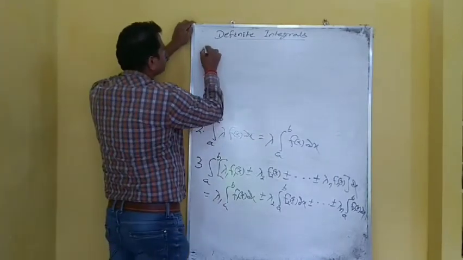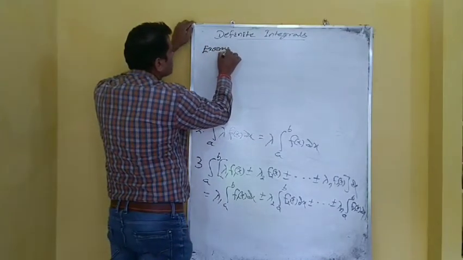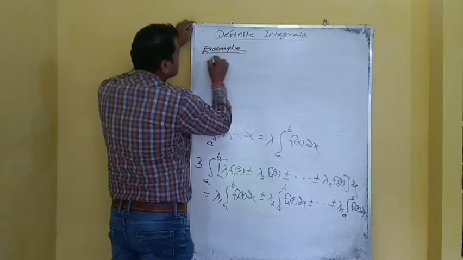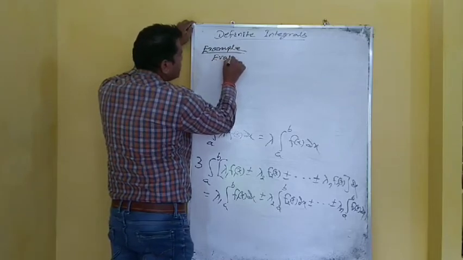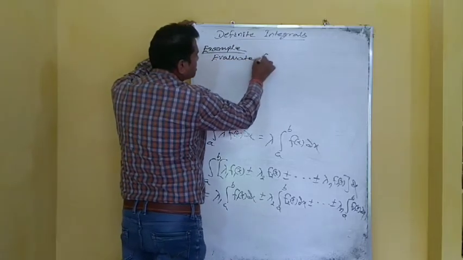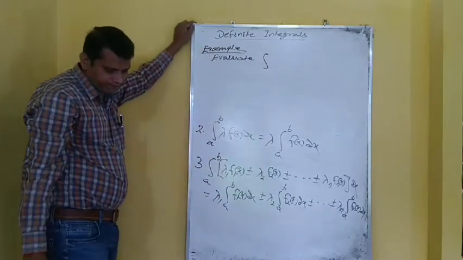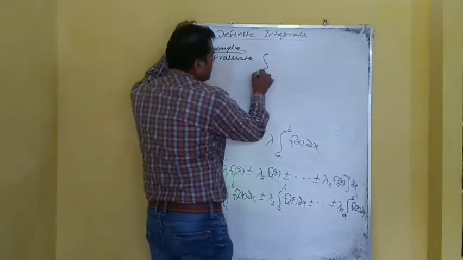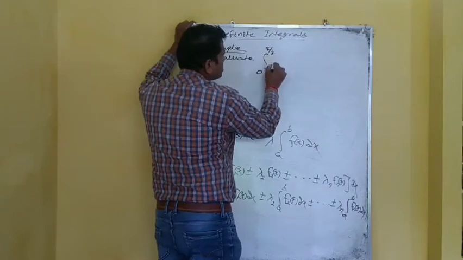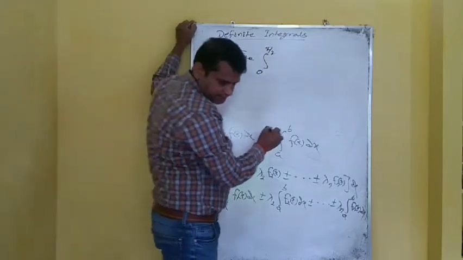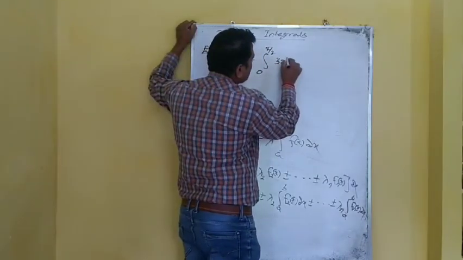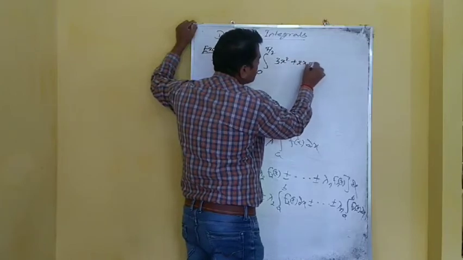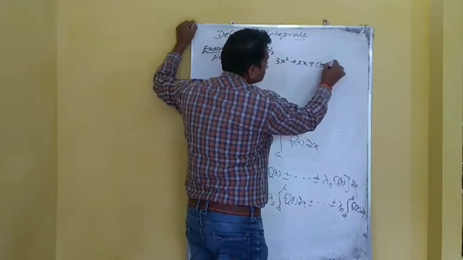Evaluate the integral from 0 to pi by 2 of 3x square plus 2x plus cos x, whole dx.